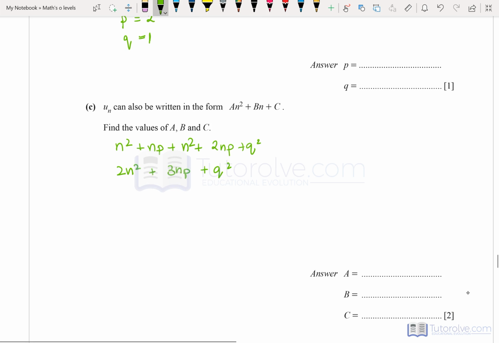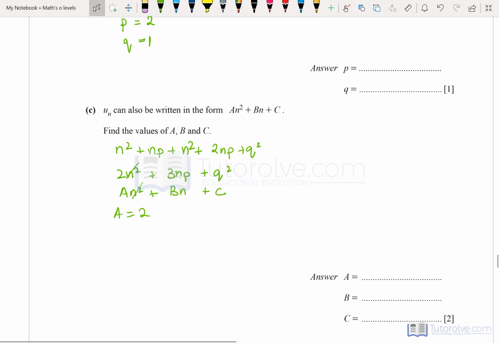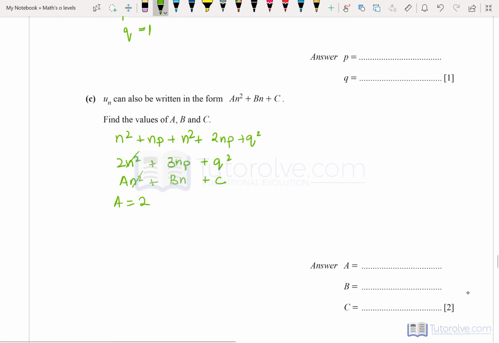If you compare this to this formula right here, we can simply find a, which is 2. We can't find b yet because we have this additional 3 and this p. We know that c is q, and q was 1, so c is equal to 1.